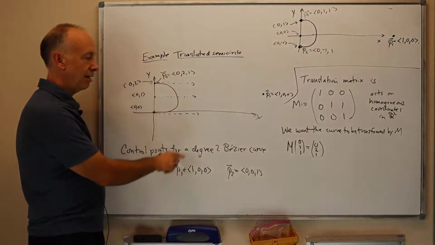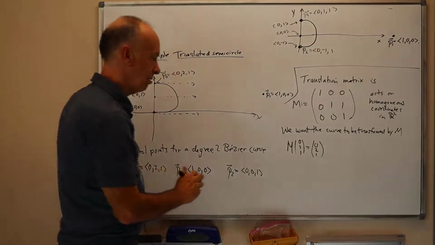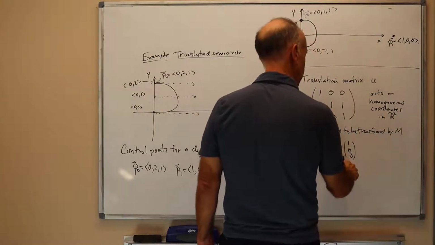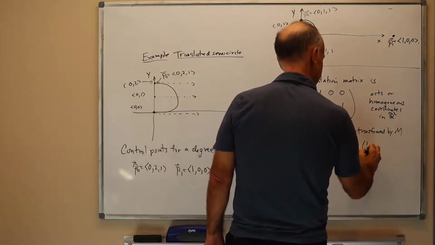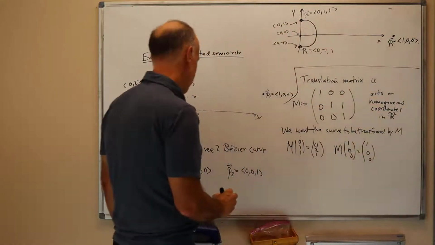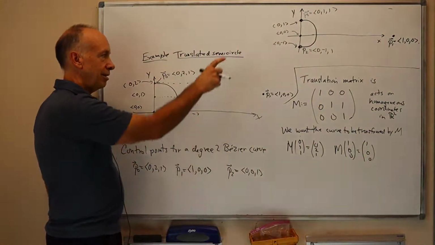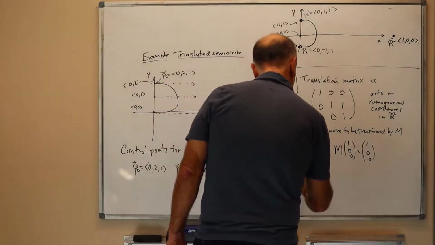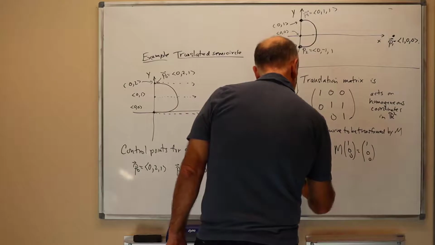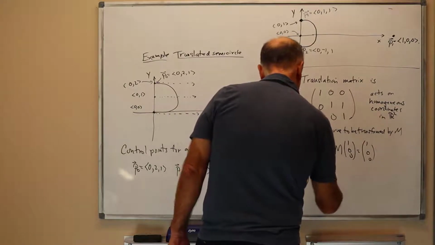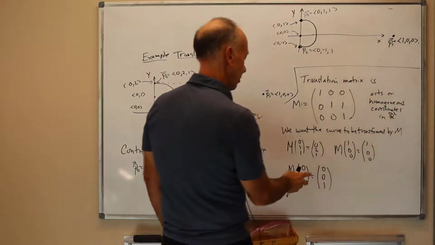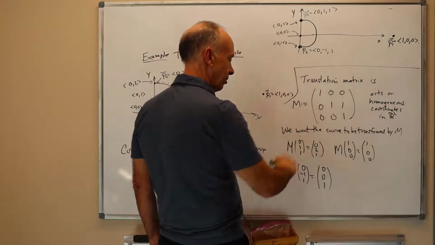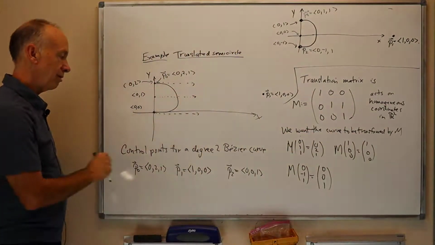So (0, 2, 1) is what M sends P0 to. M times (1, 0, 0), that's M times P1, is still (1, 0, 0). So the new P1 is just M times the old P1. And likewise M times (0, -1, 1) is (0, 0, 1). Again, you take the column vector (0, -1, 1) and inner product it with the 3 rows, and you get (0, 0, 1), which is our new P2.